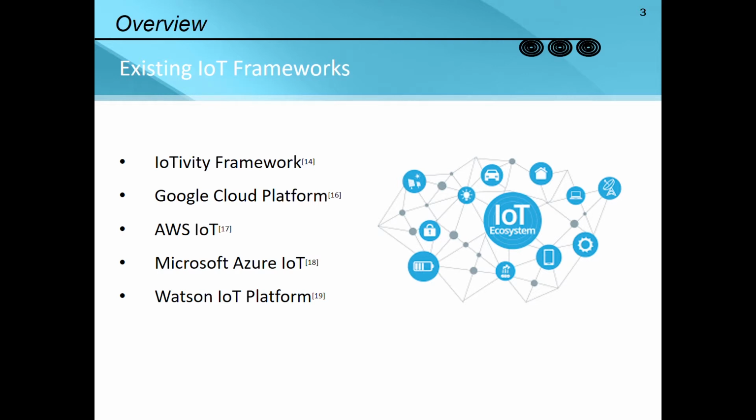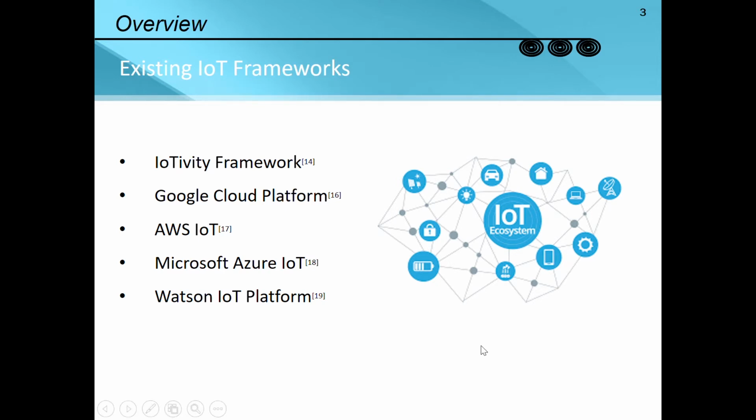Many IoT platforms are being developed by giant companies like Apple, Intel, Cisco, Amazon, Samsung. These are the most popular existing IoT frameworks: IoTivity, Google Cloud, AWS IoT, Microsoft Azure IoT, Person IoT.